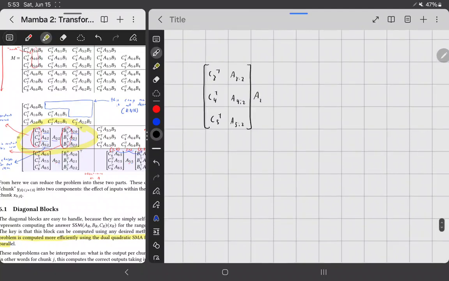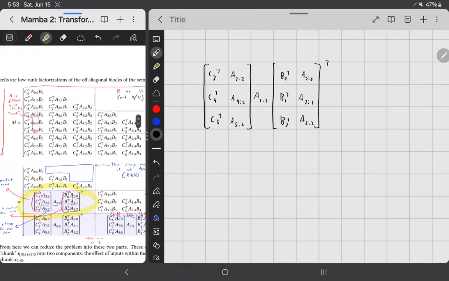And then in the middle we have A2 to 2, and then here we have B0 transpose, B1 transpose, B2 transpose, A2 to 0, A2 to 1, and A2 to 2. And this is transposed here. So this is equivalent to this here, and I'm going to show that.